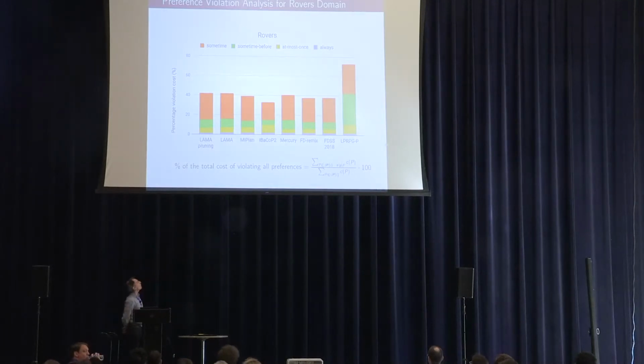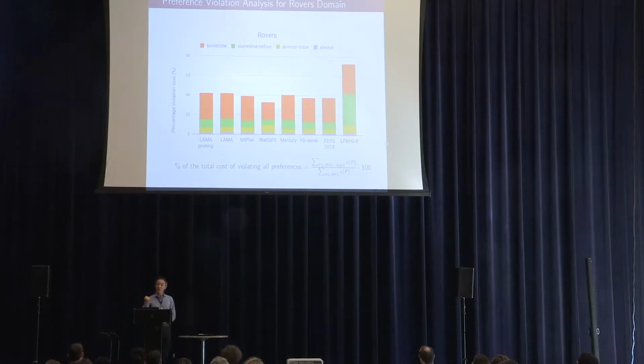In this plot, we have, for example, Rovers, in which we can see that LP-RPGP, which is on the left of this picture, has a bar that is higher than the other ones, which means that it violates many more preferences.